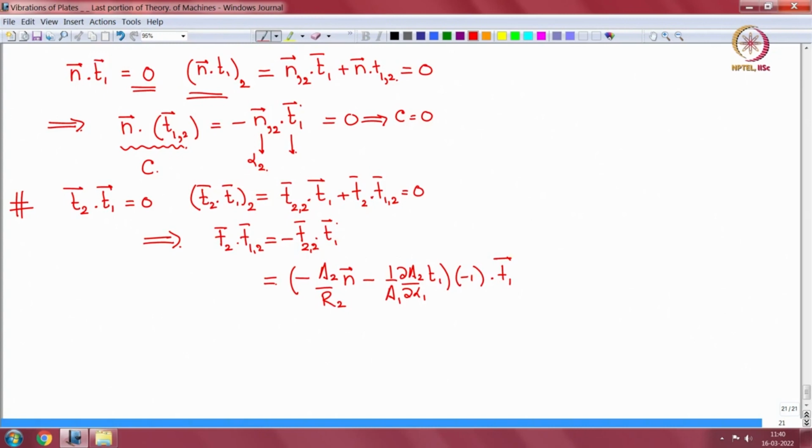And therefore my D is equal to 1 over A1 del A2 by del alpha 1, which implies that T1 comma 2 is equal to 1 over A1 del A2 by del alpha 1 T2.